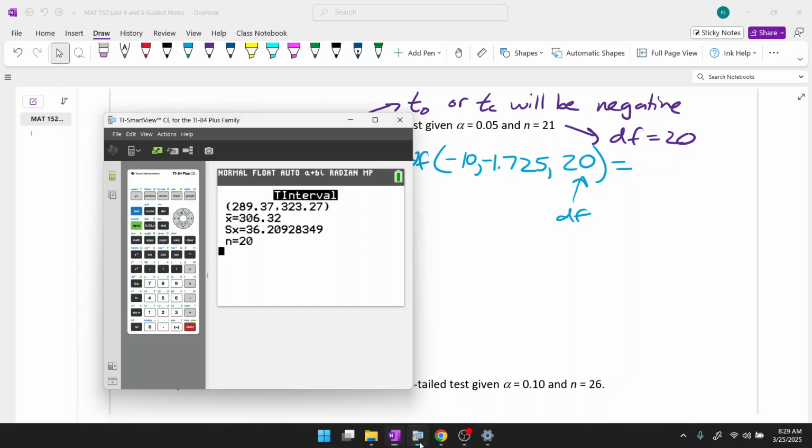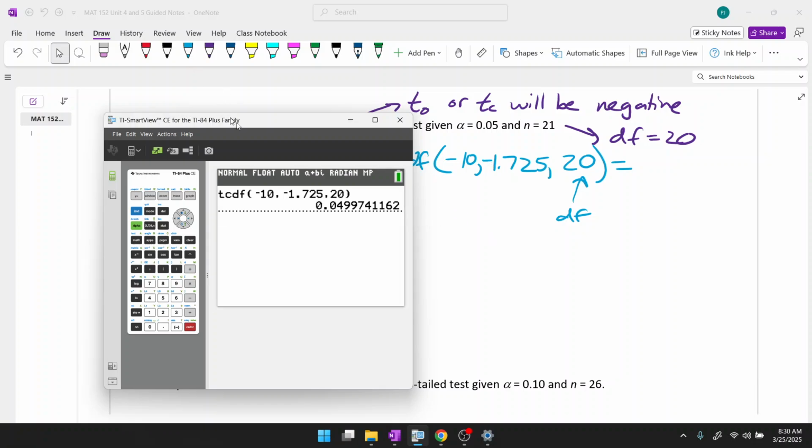So it doesn't ask you for a mean and standard deviation. It's just not going to work. And you do that, and we get pretty much 0.05.